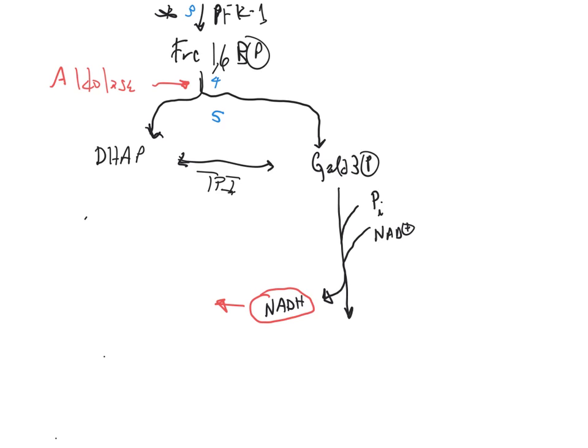That's a little asterisk. It utilizes NAD, NADH, and inorganic phosphate. What class of enzymes typically utilized NAD, NADH? It's a dehydrogenase. This one's got the long name, which I'm going to abbreviate. It's glyceraldehyde 3-phosphate dehydrogenase.